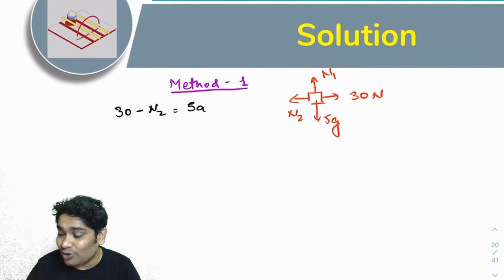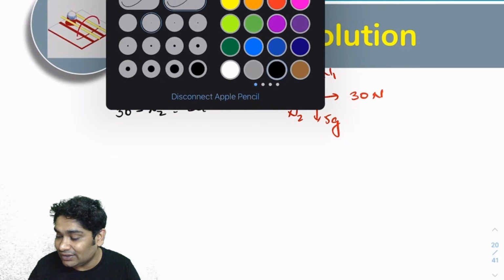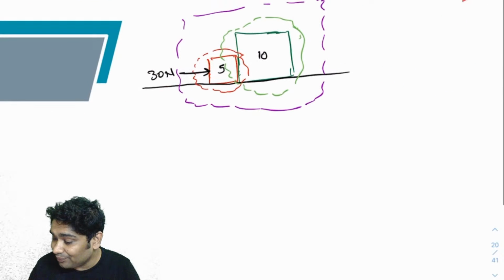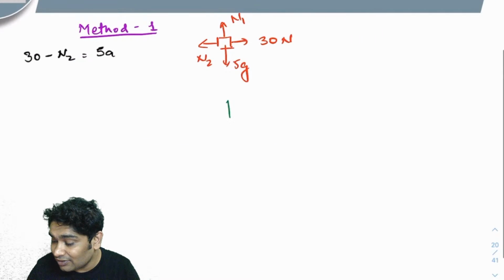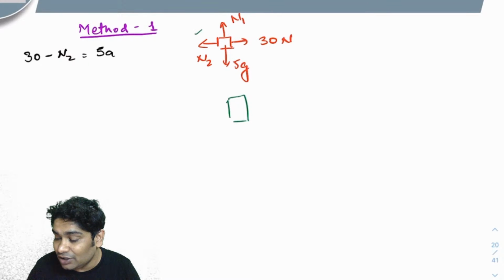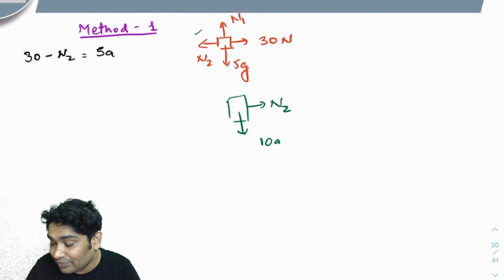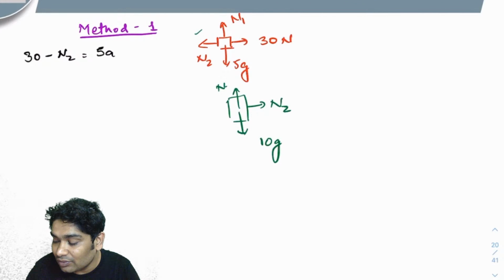Similarly, let's draw the FBD of this other guy, the 10 kg block. It will feel the reaction to N2, so it will feel N2 like this. It will feel its own weight, which is 10g, and then it will feel some N3 from the ground.